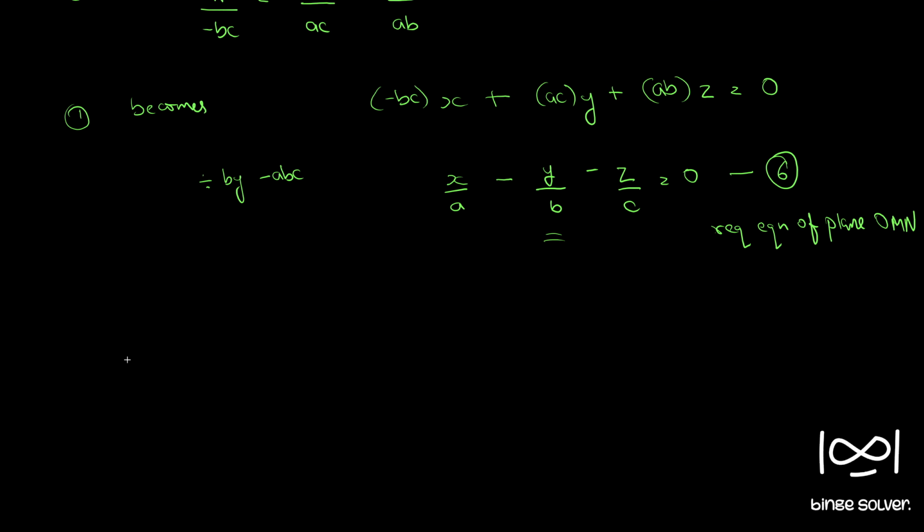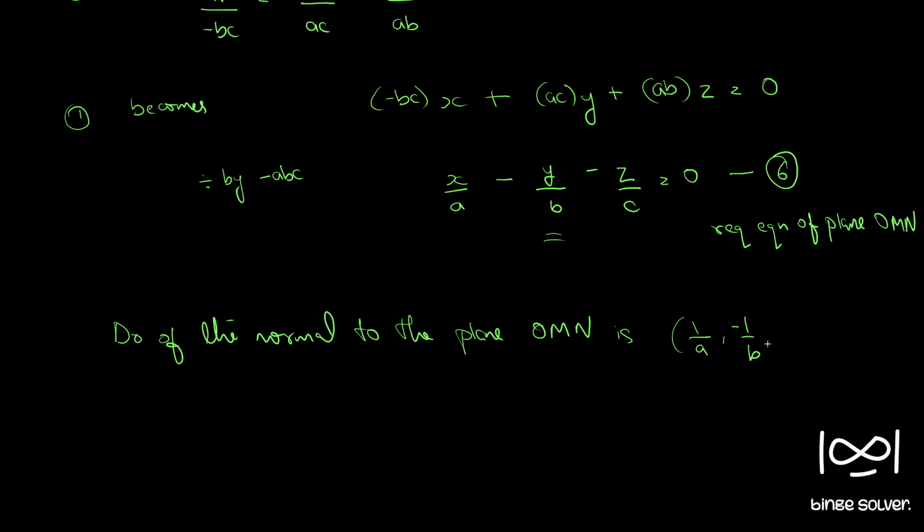We already have the direction ratios of the normal to the plane OMN. From the equation, we can write the direction ratios of the normal as 1 by a, minus 1 by b, and minus 1 by c.